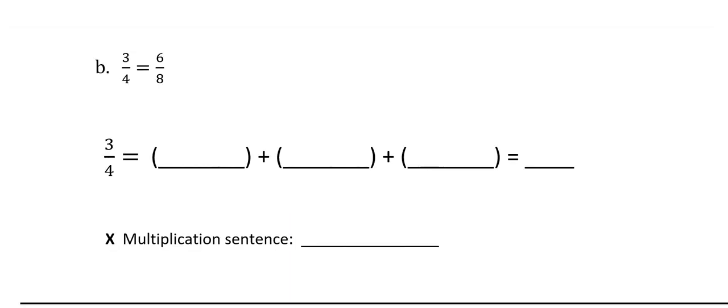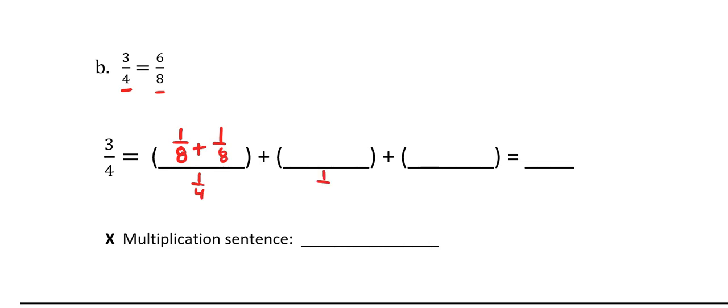I'm going to do the same thing here, but I'm not going to use the diagram. I started off with 3/4, and we need to show how 3/4 is equal to 6/8. So if I think of 1/4, if I divided the fourth into 2 groups, each of those groups would be an eighth. So 3/4 is equal to 1/8 plus 1/8, because that's the same thing as 1/4.